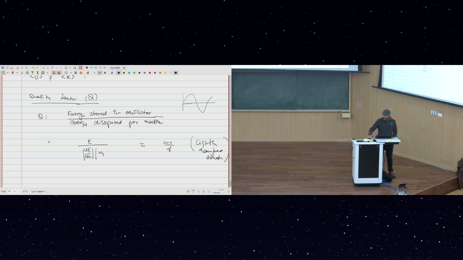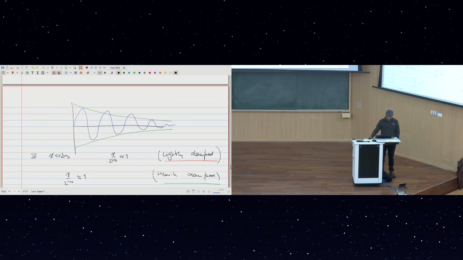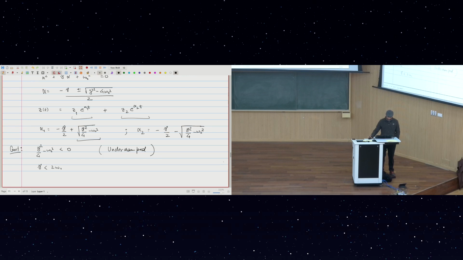Now the other case of an overdamped situation. This was all case 1 where gamma was less than 2 omega naught. So whatever was under the square root was negative.